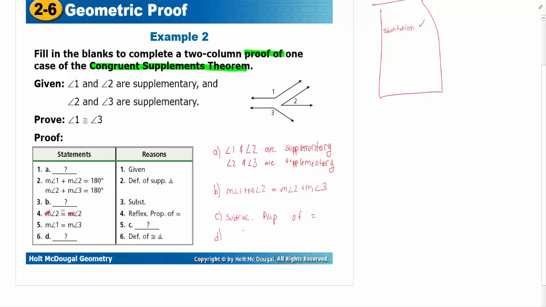That's always going to be your final step. So that's angle 1 is congruent to angle 3. And that is a proof. And that's a proof of the congruent supplements theorem. Again, if it's a theorem, you can prove it. Or else it shouldn't be a theorem.